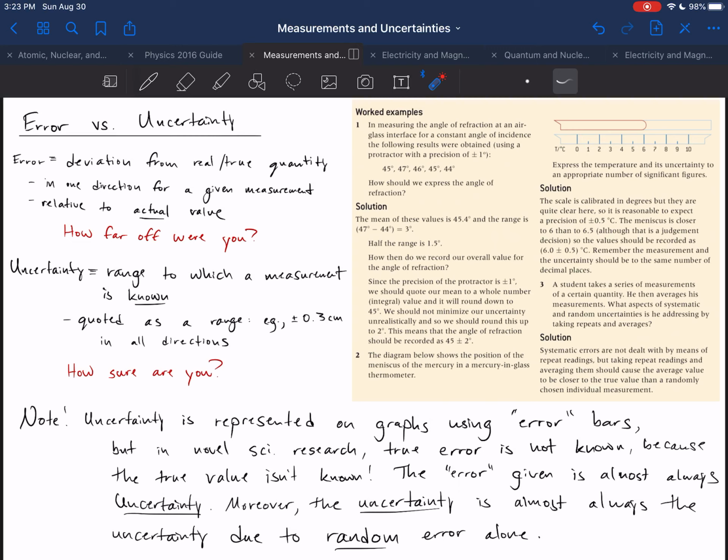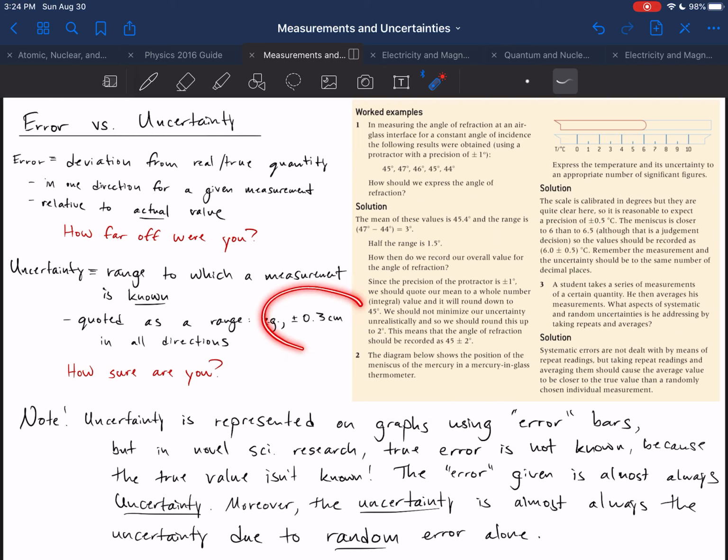Uncertainty is a related concept. It's a range to which a measurement is known. It's about our certainty of that measurement. High uncertainty means that we're unsure about the measurement. Low uncertainty means that we know a great deal about the measurement. We're very confident about it. And it's quoted as a range. So, for example, if I'm giving a length, I might say 1 meter plus or minus 0.3 centimeters.